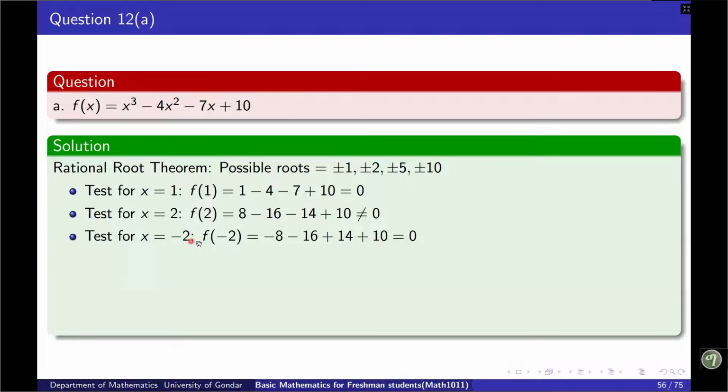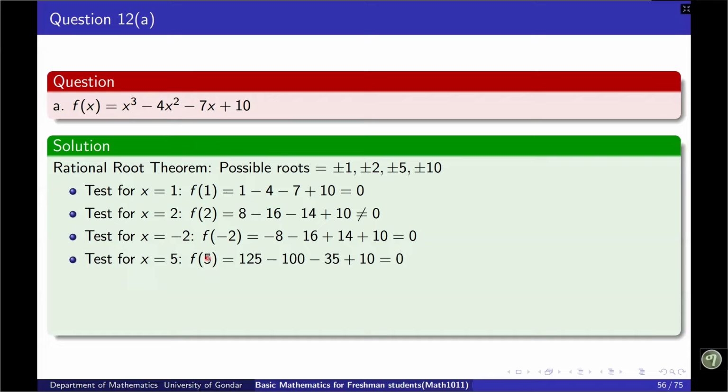Let us check for minus 2. f of minus 2 is equal to minus 2 to the power of 3, which is minus 8, minus 4 times minus 2 squared, that is negative 16, plus 14 plus 10, that is minus 24 plus 24, which is 0. So the second rational root of this cubic polynomial function is negative 2.